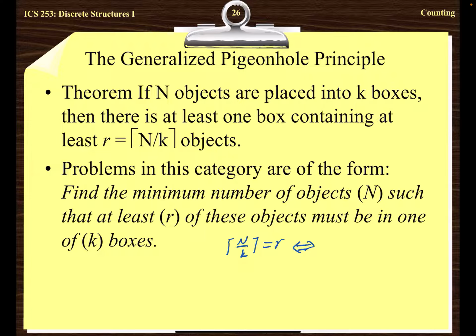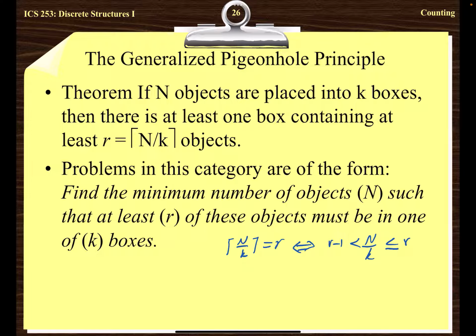What does it mean that ceiling n over k equals r? What is the definition of the ceiling? So this is equivalent to n over k is greater than r minus 1 and less than or equal to r. Okay, less than or equal to r.